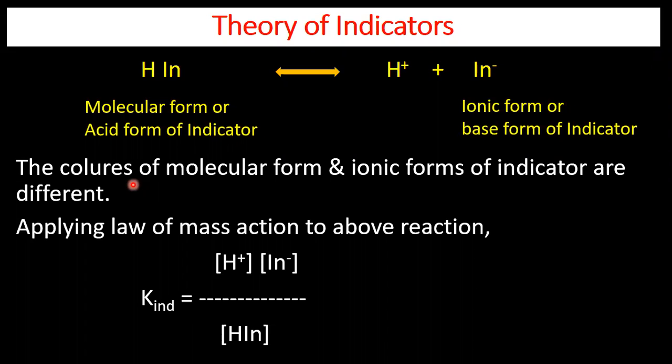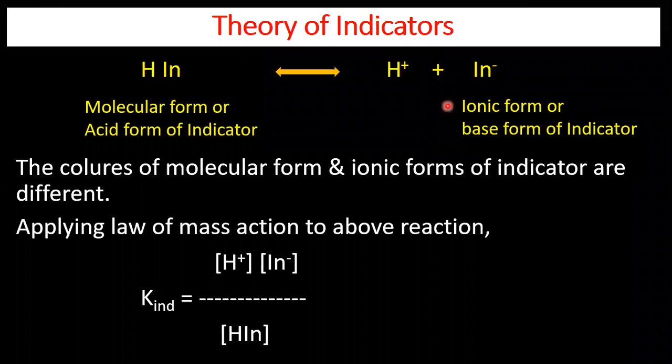We have seen one color indicator and two color indicator, right? Why does the indicator show different colors? Because in one medium the indicator remains in a molecular form, and in another medium it gets converted into the ionic form.